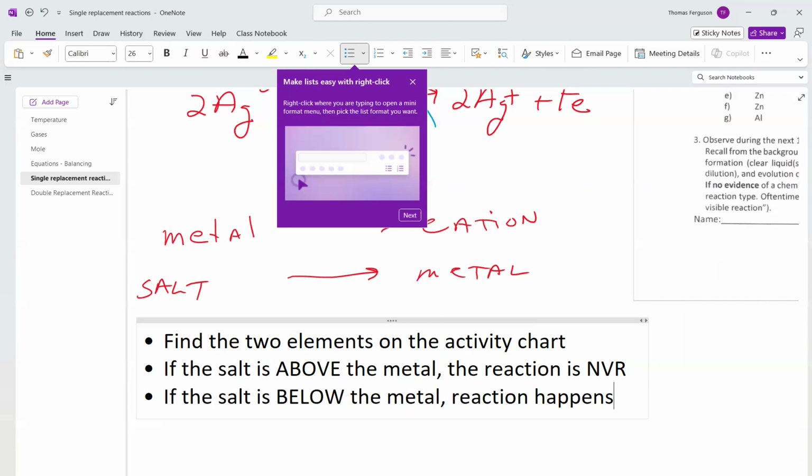So in a single replacement reaction, we always have a salt and we have a metal. And the question is, where is the salt in relation to that metal? If the salt, in this case iron +2, is above the metal, nothing happens, because the salt is more stable than the metal below it.